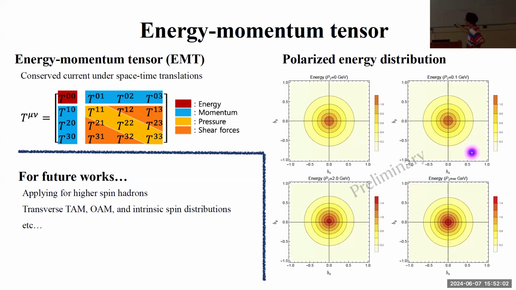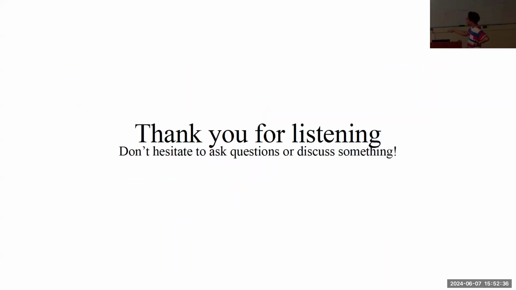Finally, in the infinite momentum frame, the distortion disappears and the center of the system is still located at the center of the frame. For future work, we would like to apply our formalism to higher spin hadrons such as the delta baryon, etc. And we would like to study transverse total angular momentum and orbital angular momentum distributions for the nucleon, I mean, unpolarized nucleon or polarized nucleon. Thank you.